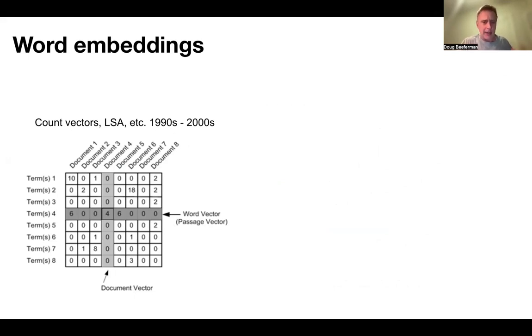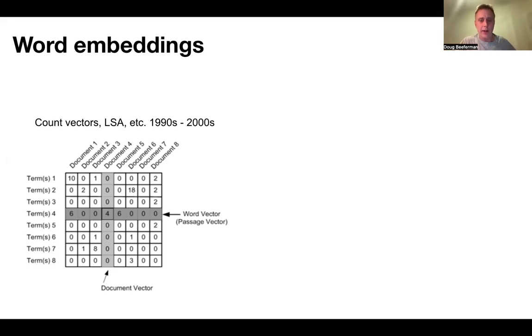A word embedding is really just a way of assigning numeric vectors to words, such that two vectors are close to each other if the words are similar in meaning in some sense.